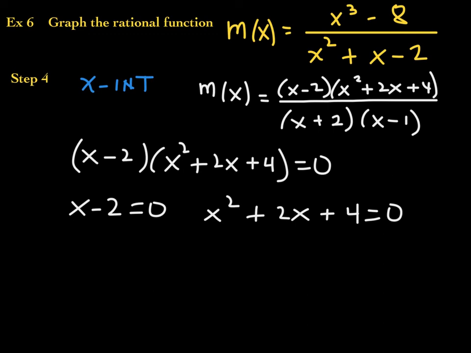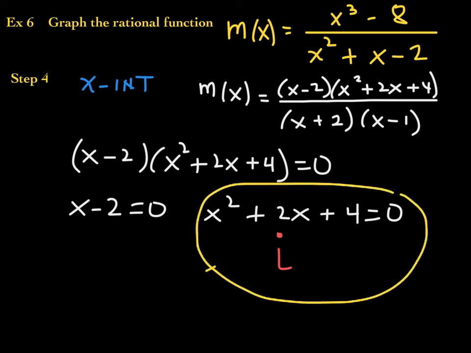If you use the quadratic formula to solve, you're going to get imaginary solutions, which means this does not give you any x-intercepts. Okay, so no x-intercepts there from the quadratic trinomial, but here x minus 2 equal to 0 gives us our one and only x-intercept, x equal to 2.